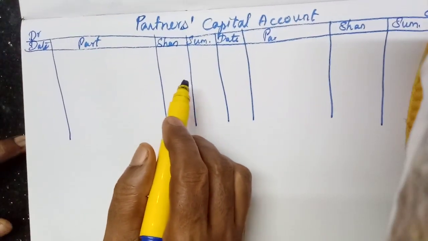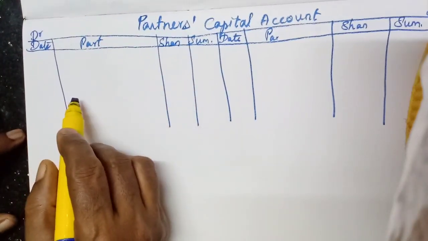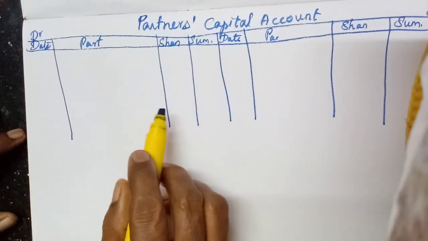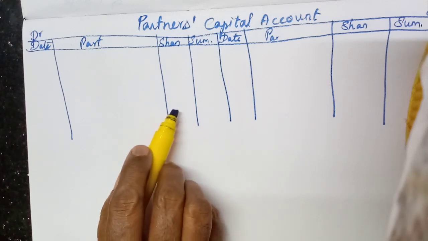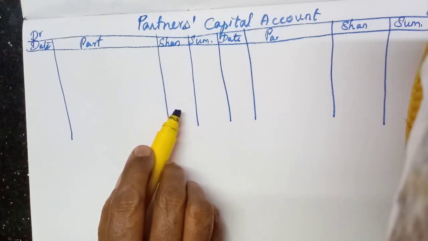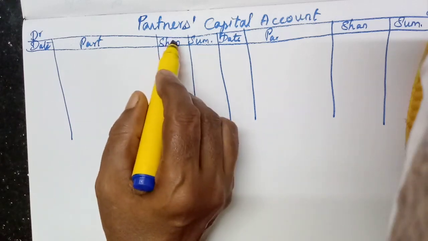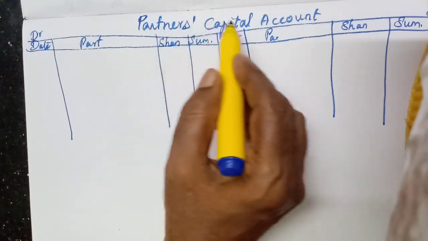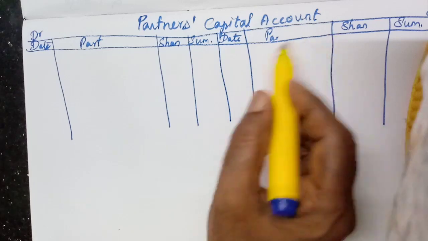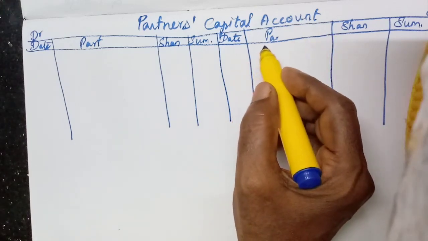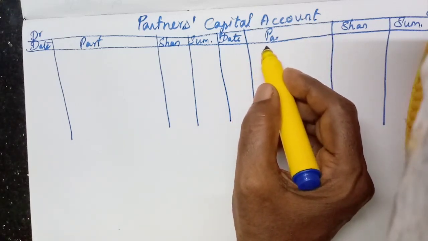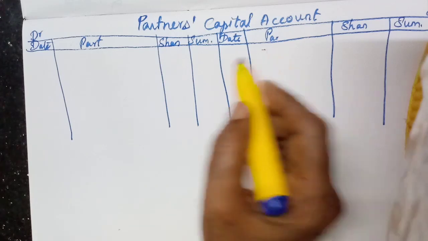Now, in the textbook you have to see in the illustration, capital on 1st January 2018: Shanti 80,000, Sumati 80,000. That only we should write. Partners' capital account always shows a credit balance. The date is given, isn't it? Capital on 1st January.